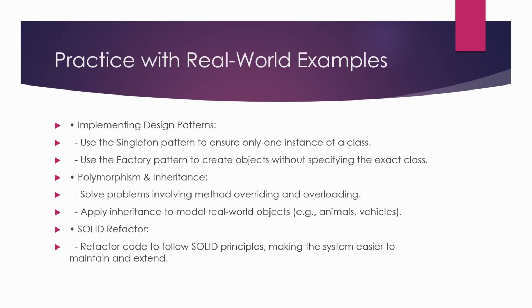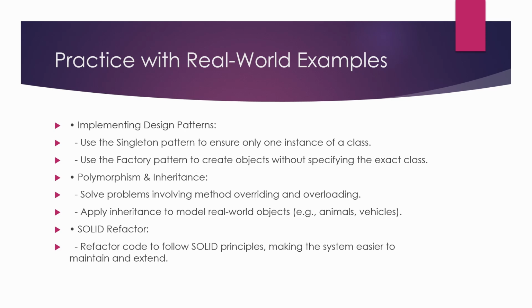Now it's time to practice. Let's apply the concepts we have just revised to real-world coding problems. For example, implementing design patterns like singleton and factory in your projects will help you manage resources and create objects more efficiently.